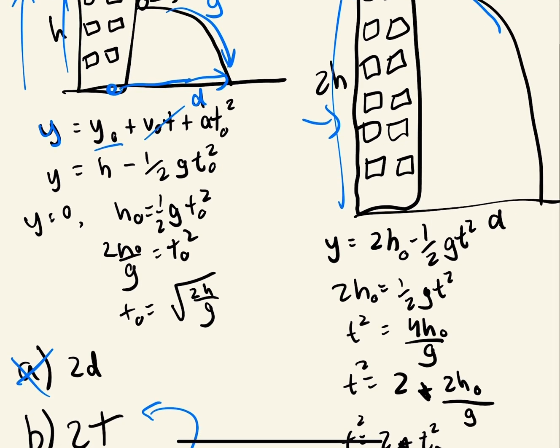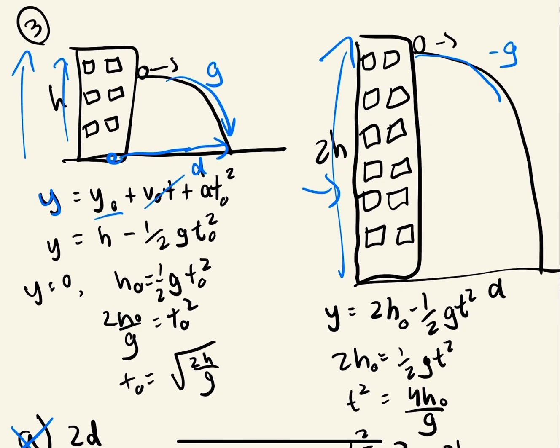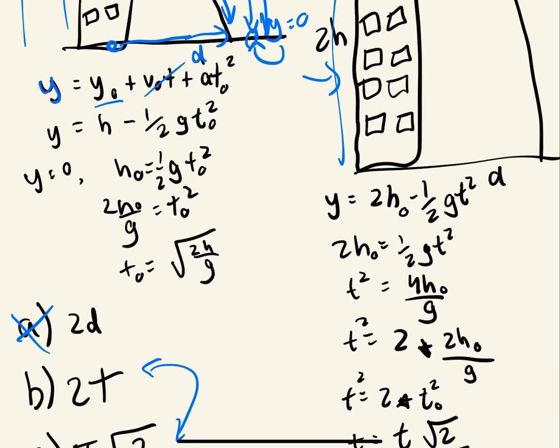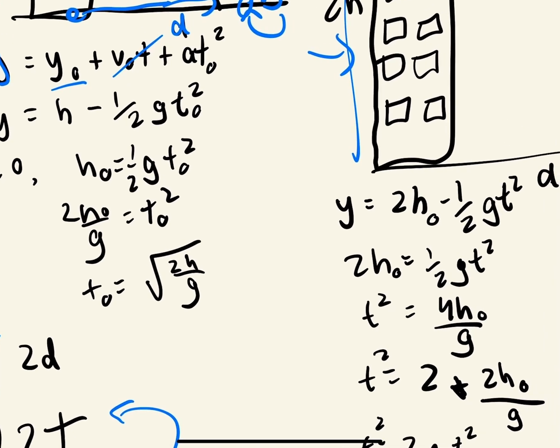If we make y equal to 0, y is the position, that means it's landed, and the question says the ball lands, so the ball goes down to y equals 0. So that's the time that really matters.